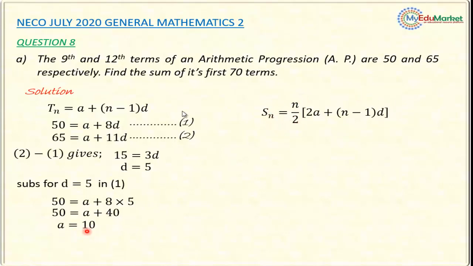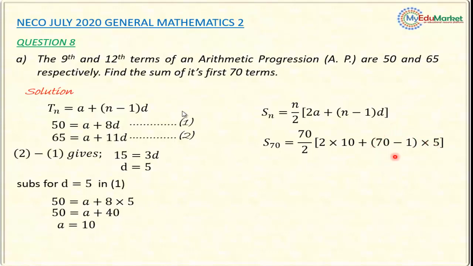I have my a, I have my d, and I have my n because I'm asked to find the sum of the first 70 terms, so n will be 70. Substituting in this formula, S70 is going to be 70 over 2, into 2 times 10, plus 70 minus 1, multiplied by 5.